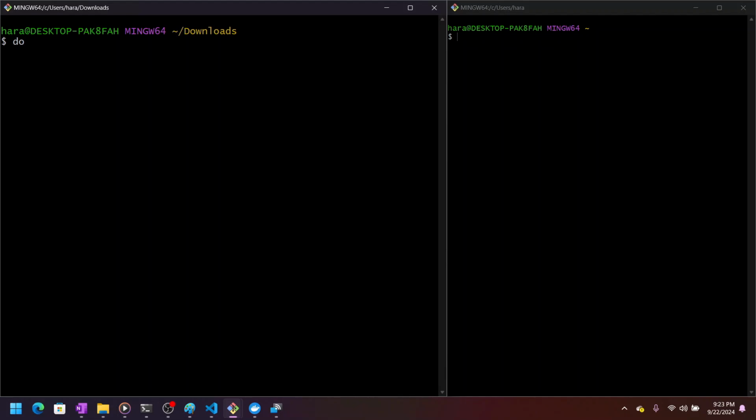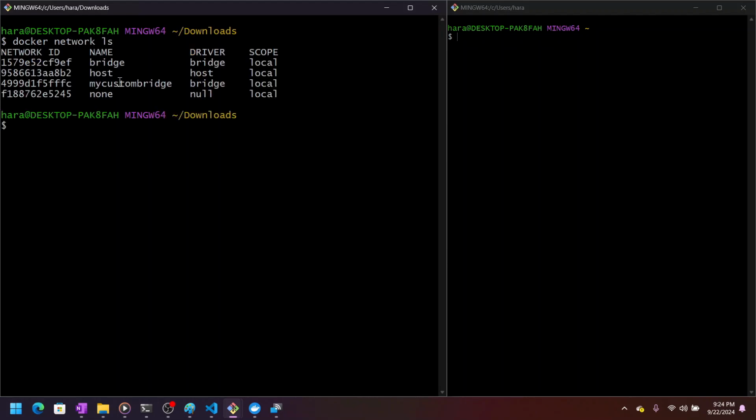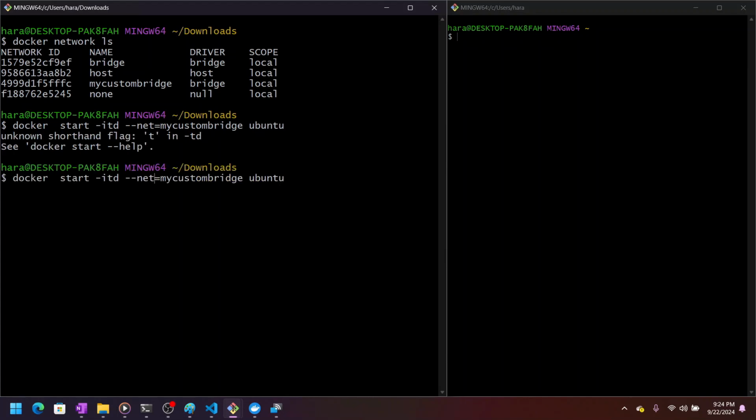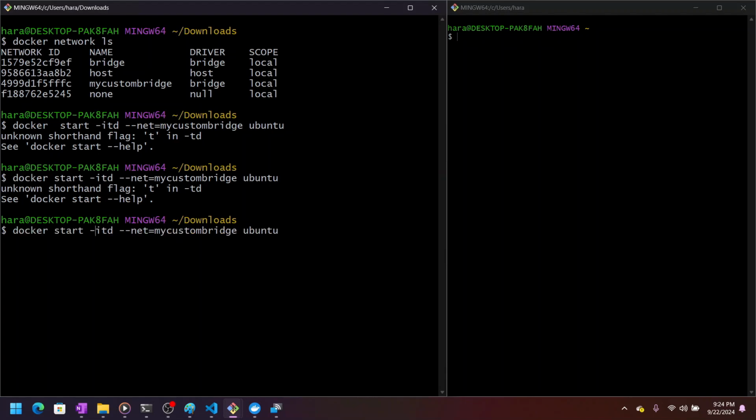We will spin up a new container with the network we created. The name, from docker network ls, is my custom bridge. So I will run docker run -itd --net and pass the bridge network we just created, my custom bridge.